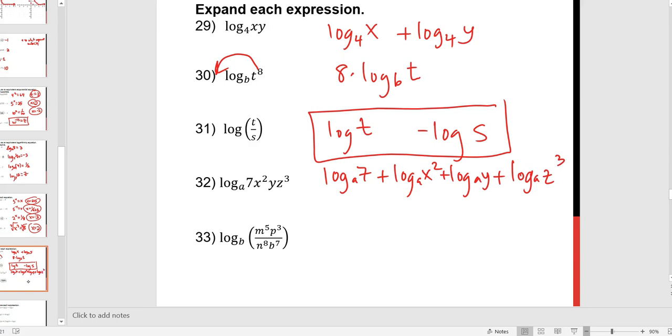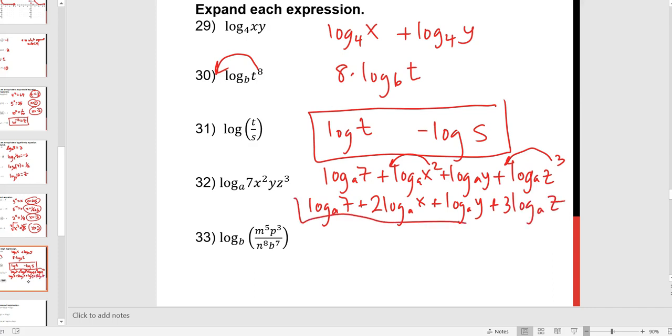So all of them were multiplying, so all of them are positive. The only other thing we have to do is bring any exponents to the front. So log base a of 7 plus 2 log base a of x plus log base a of y plus 3 log base a of z. And that would be finalized.